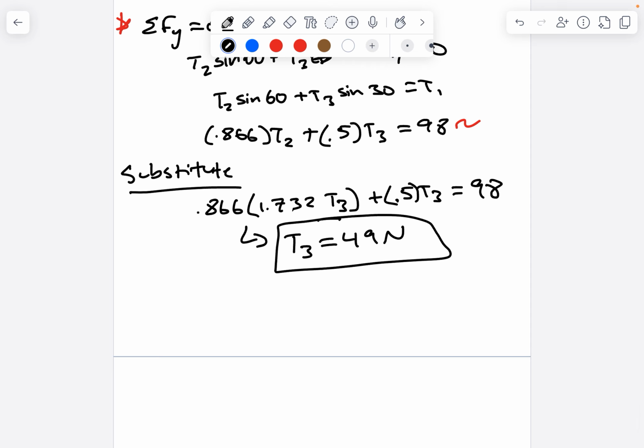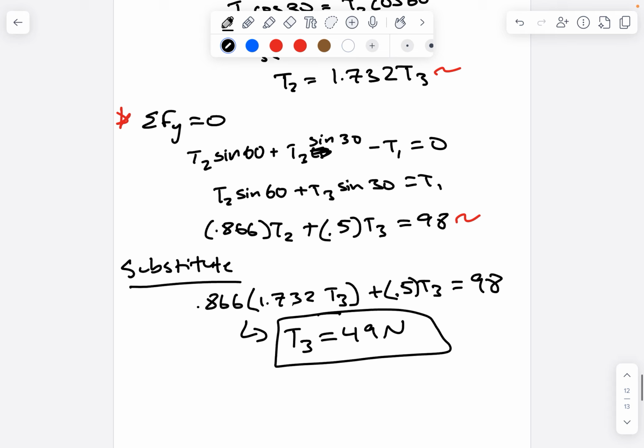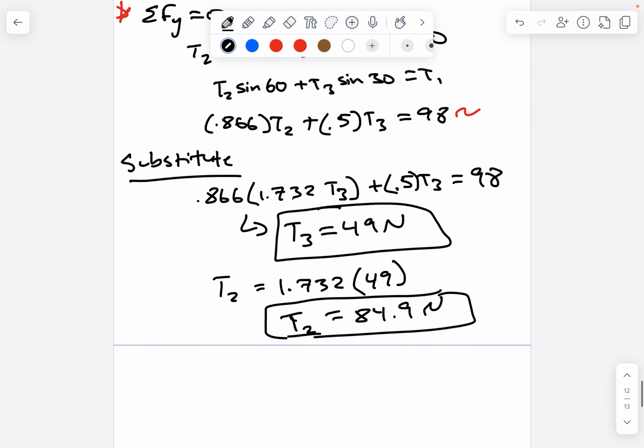Now we take T3 and plug it back into one of our governing equations. So we'll get T2 is equal to 1.732 times 49. So we get T2 is approximately 84.9 newtons. And there you go.